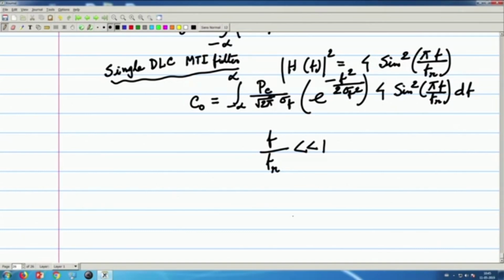So, f by fr is very small. Then this sine square term can be approximated by the square of the argument.